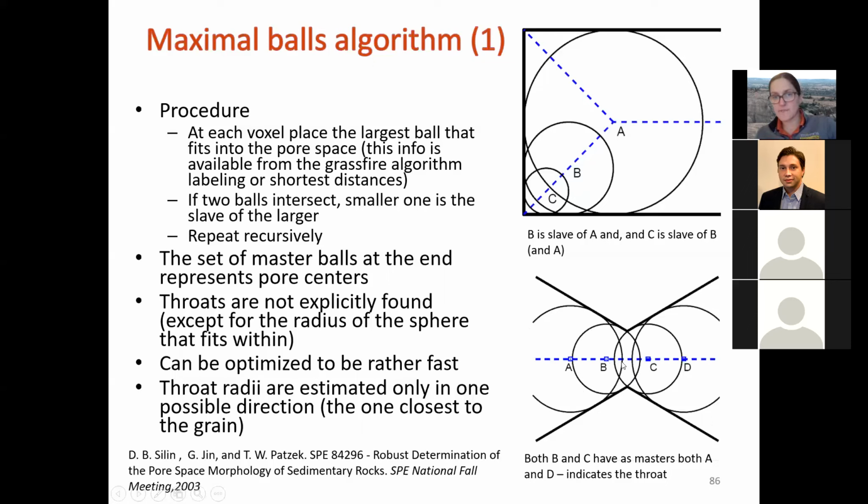So any smaller sphere here, as I'm going towards this throat, will essentially be a subordinate of B. And by that parent-child relationship, technically any sphere along this stretch will be a subordinate of A. Now, the same thing will happen here at D. So I'm going to apply this recursively and find out that A is a master sphere in this entire neighborhood, and so is D. But when I compare A and D, they don't necessarily intersect.